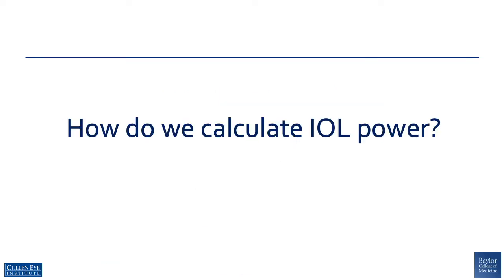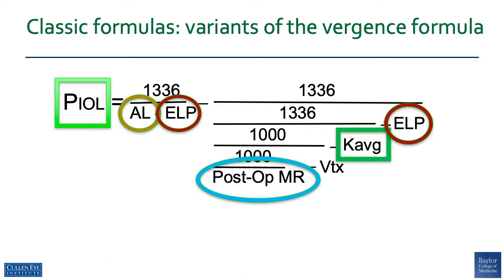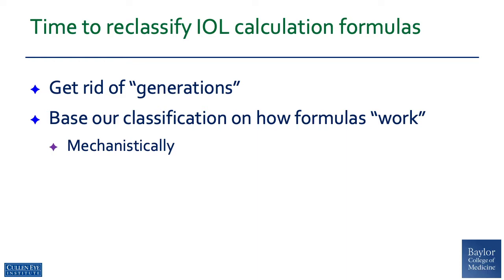Well, how do we calculate IOL power? Traditionally, we've used classic formulas that are variants of the vergence formula, where you enter the postoperative target refraction, the corneal power, the axial length. You use a formula internally to calculate the effective lens position, and then you get the predicted IOL power that you're going to implant. And we wrote an editorial that said it's time to really stop using the concept of generations and talking about formulas, and we should classify formulas by how they work, how they actually calculate IOL power.